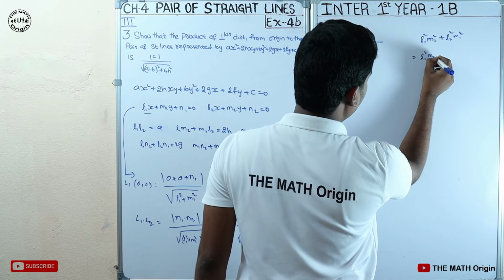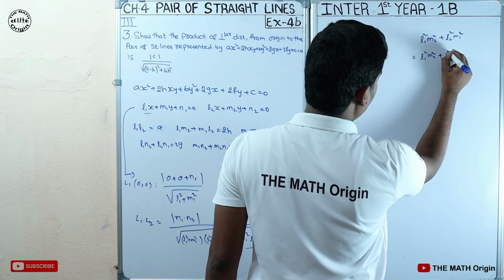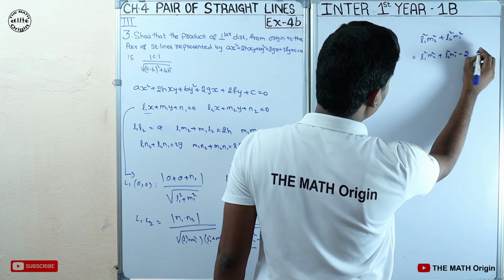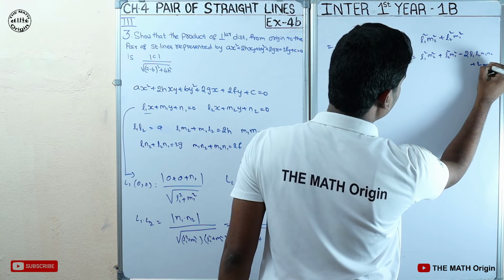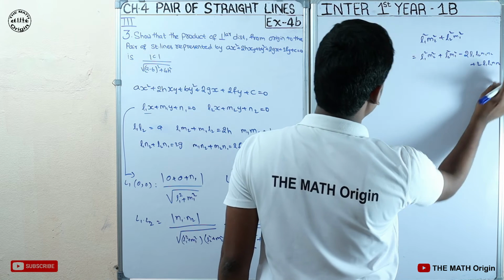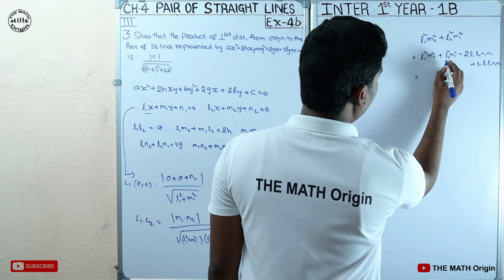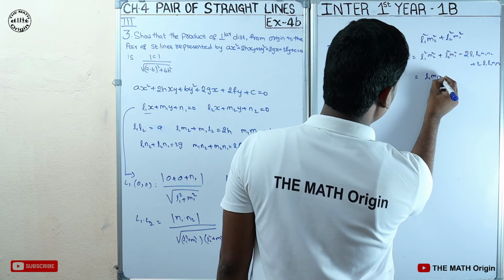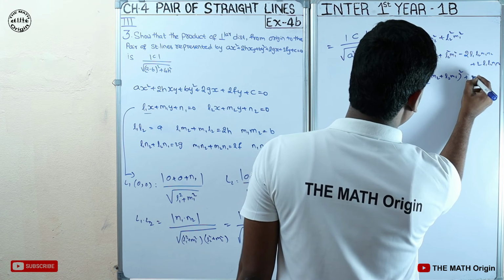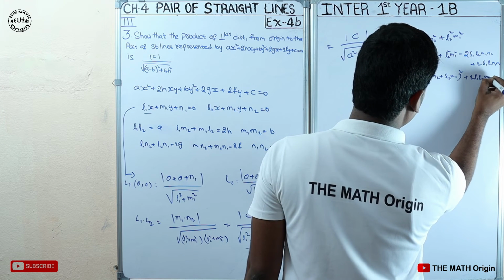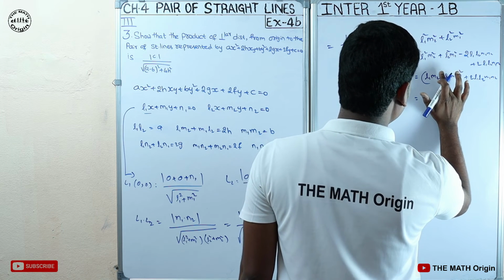So I will write L1 square M2 square plus L2 square M1 square minus 2 L1 L2 M1 M2 plus 2 L1 L2 M1 M2. Okay, so I did plus and minus. Now this becomes A square plus B square plus L1 M2 plus L2 M1 whole square, minus 2 L1 L2 M1 M2.